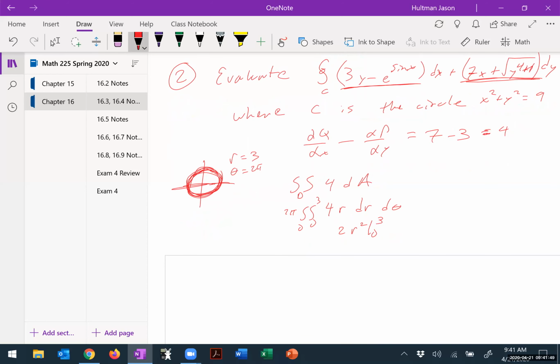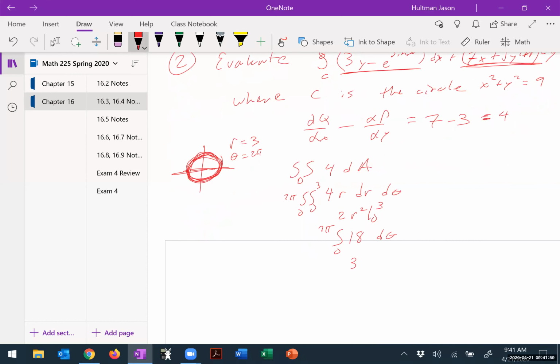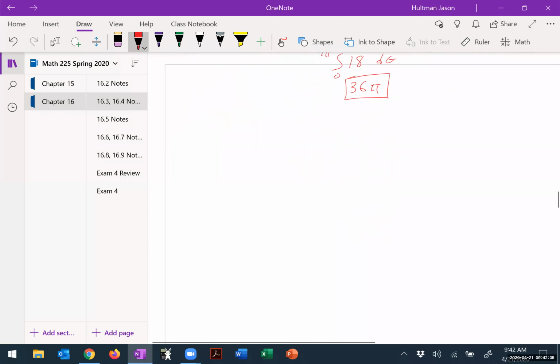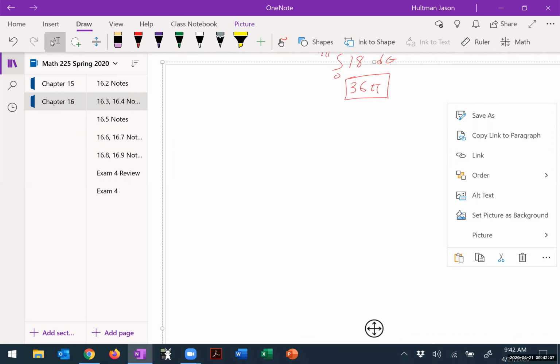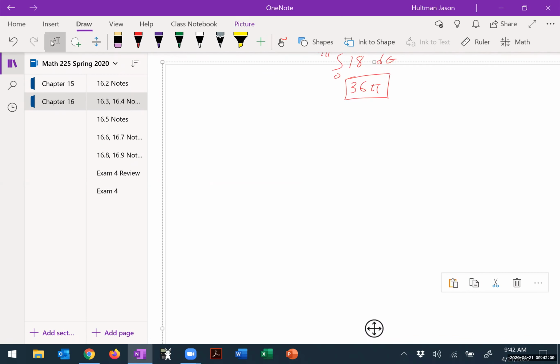Plug in the 3, that's 9 times 2, which is 18. Integrate that from 0 to 2 pi d theta, and we just get 36 pi.